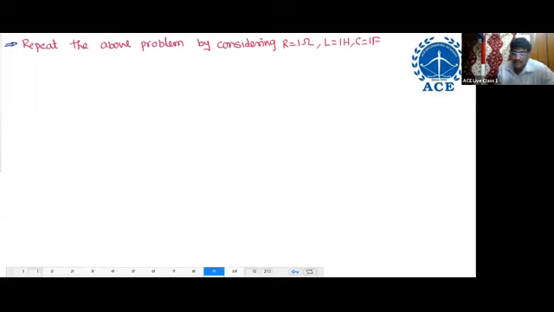Screen not visible. Screen visible or not? Screen visible.